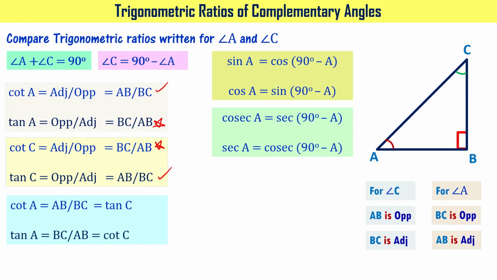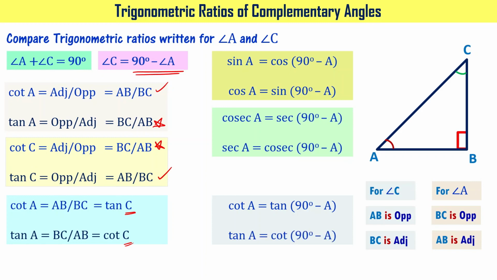Tan A equal to cot C, right? We know that C equal to 90 minus A because A and C are complementary angles, right? It means instead of these two C's, I can write them as 90 minus A, right? Let's write that. Cot A equal to tan 90 minus A. Tan A equal to cot 90 minus A.